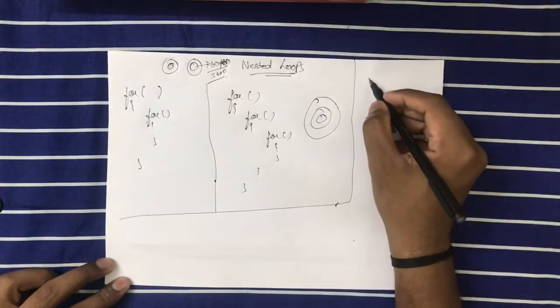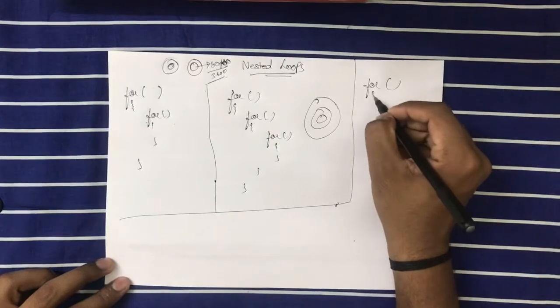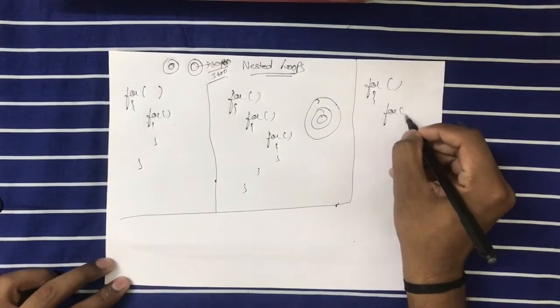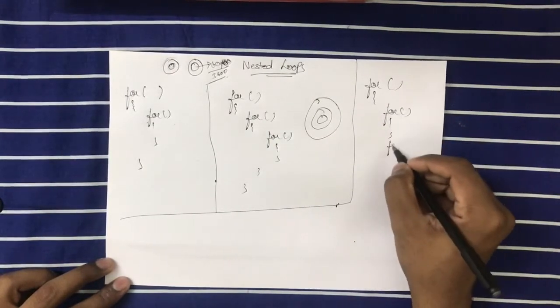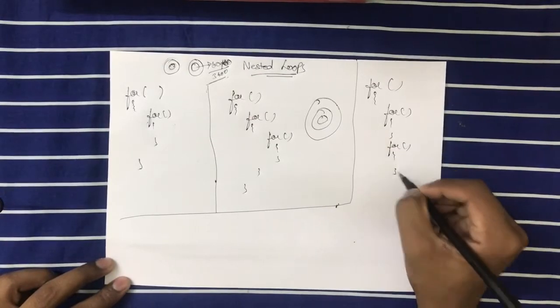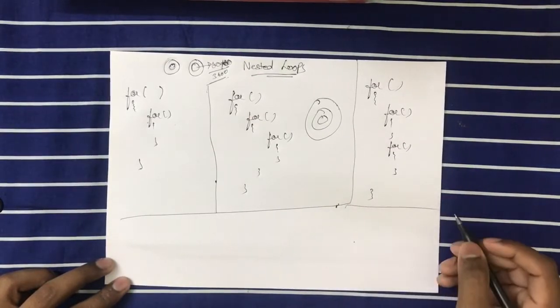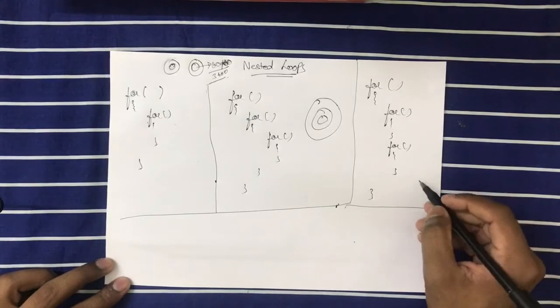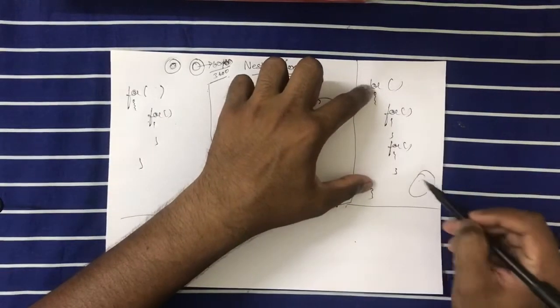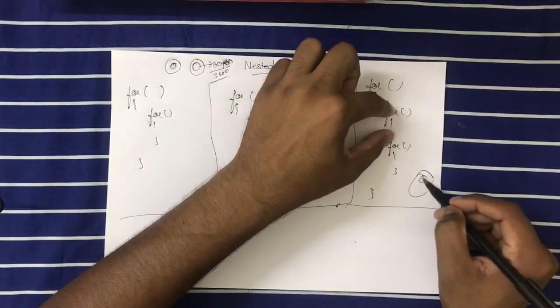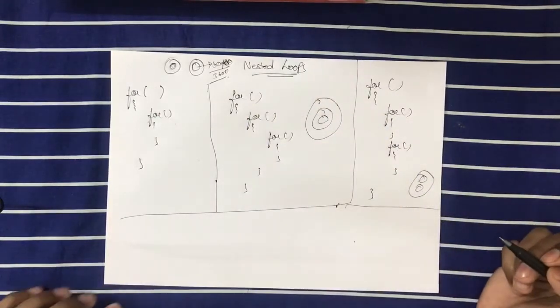Nested loop can be like this also: for loop, and for loop. If I need to show the diagram of this, outer loop and one inner loop and the other second inner loop.